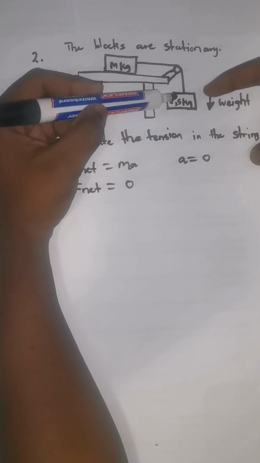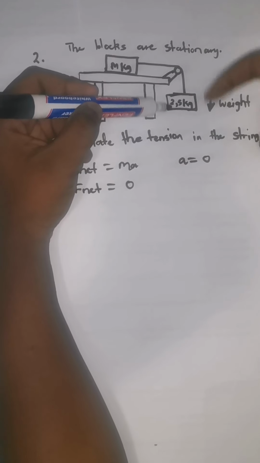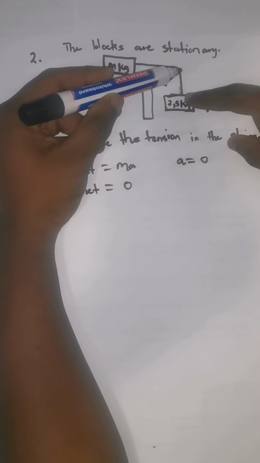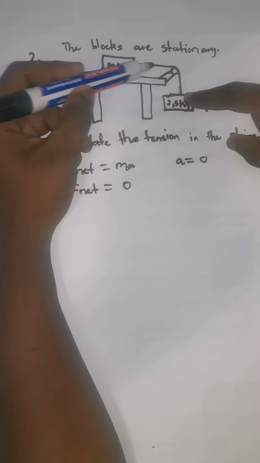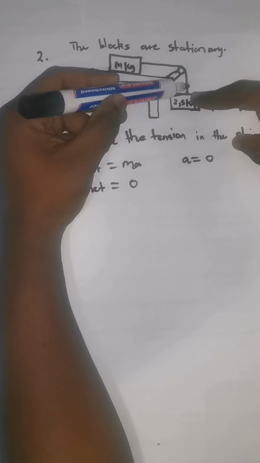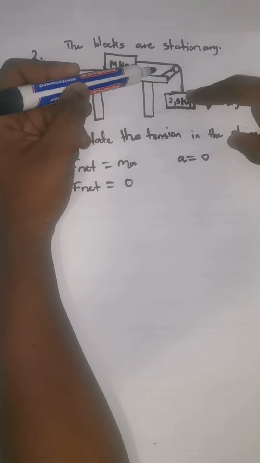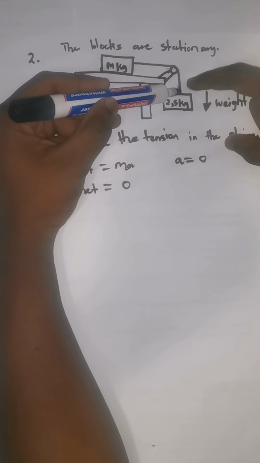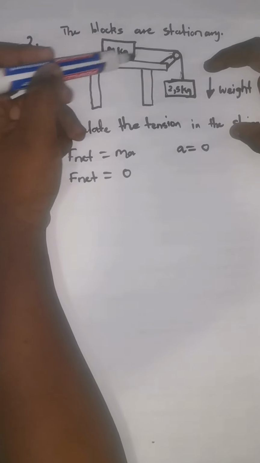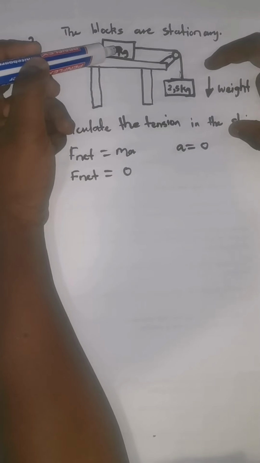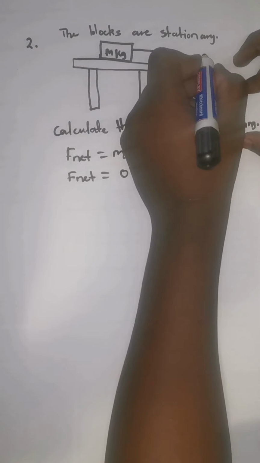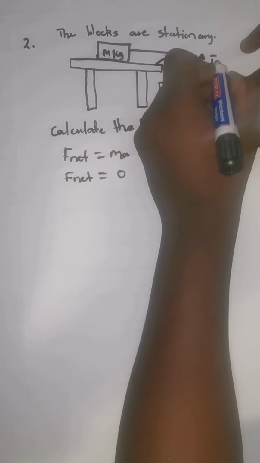So when this block creates weight going down, it stretches the string and causes a force to be created within the string. This force created within the string is tension. This force counteracts the weight, and it's due to this mass piece at the other end. So we're gonna have tension going up.